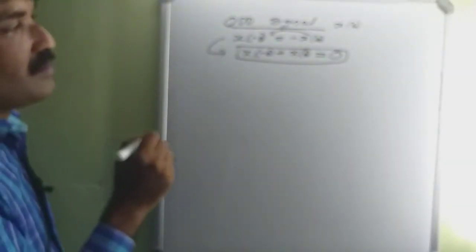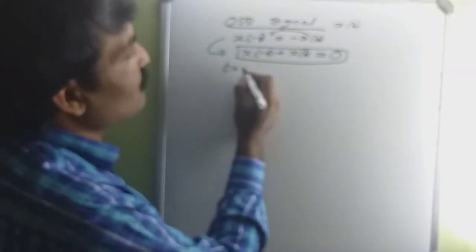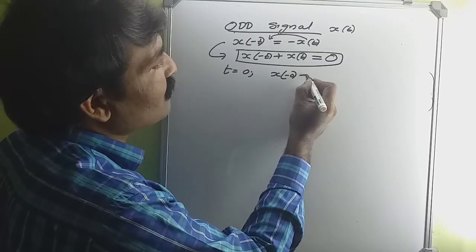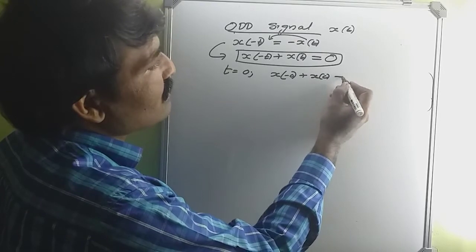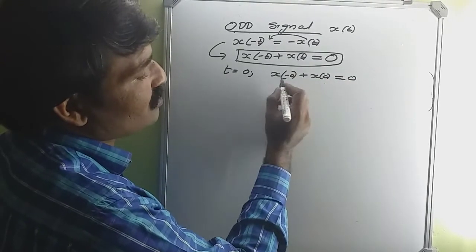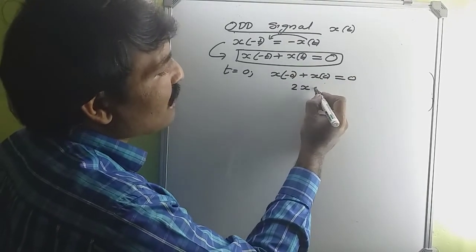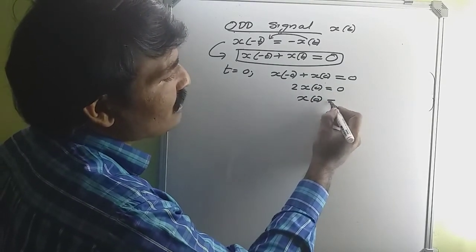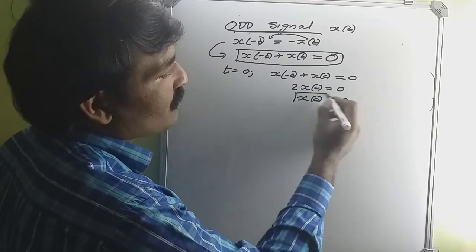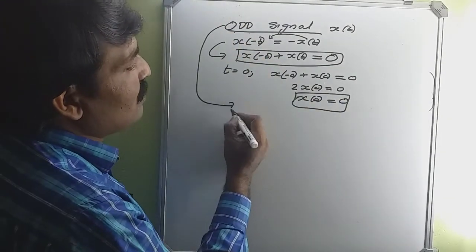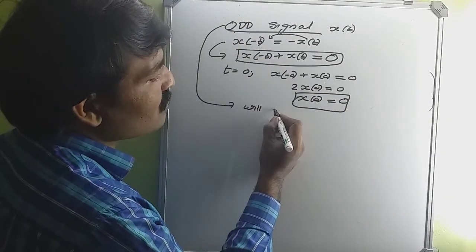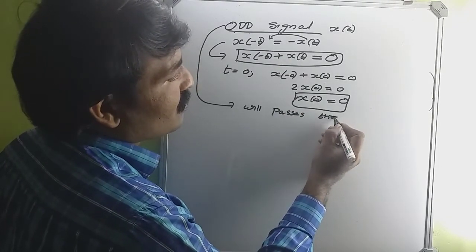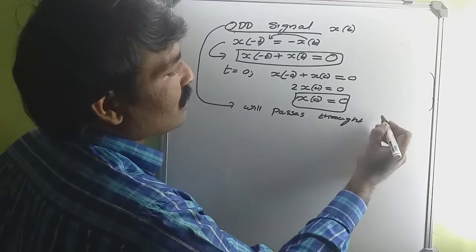Then when t is equal to 0, what happens? X of minus 0 plus x of 0 is equal to 0. X of minus 0 is the same as x of 0. That is 2 times x of 0 is equal to 0, or x of 0 is equal to 0. So an odd signal will always pass through the origin.